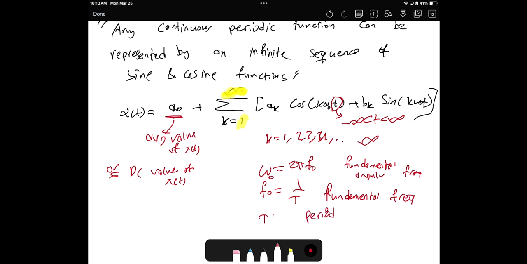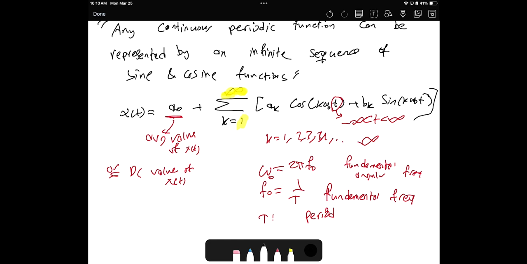Again, it's periodic, so we know how to find 1 over f and 2 pi times f. The same goes for the sine: k omega naught t. We put the naught on purpose, not just omega or f, to let you know this is the fundamental frequency, related to the period, because these are periodic signals.